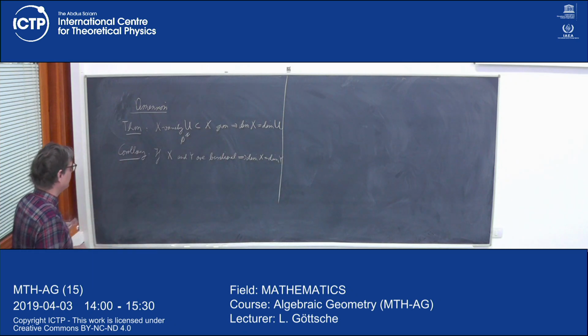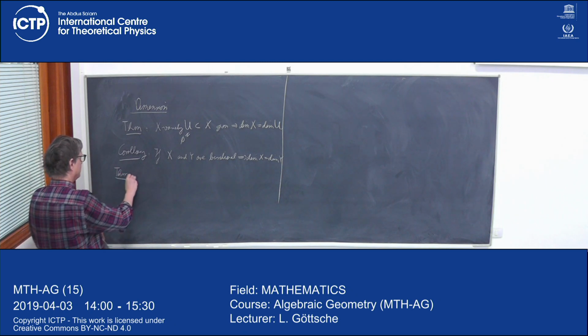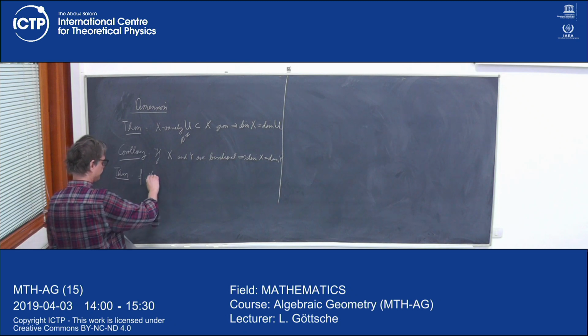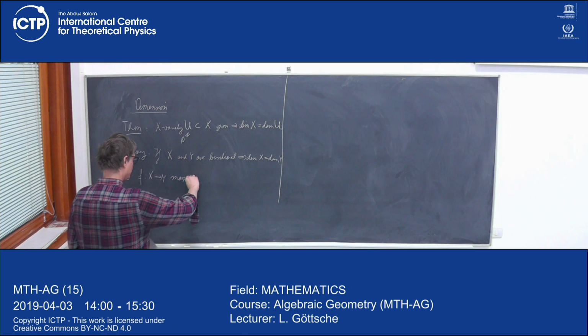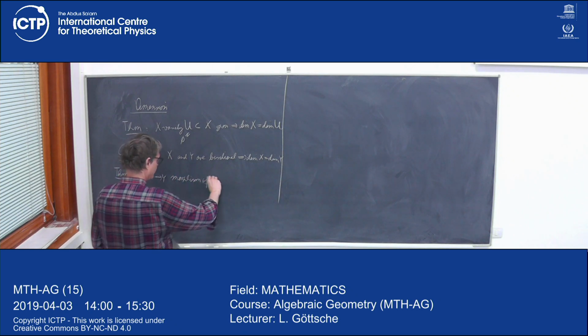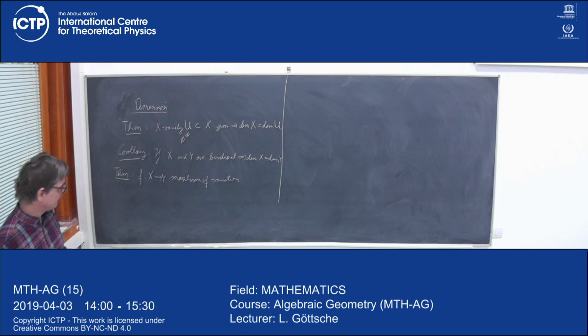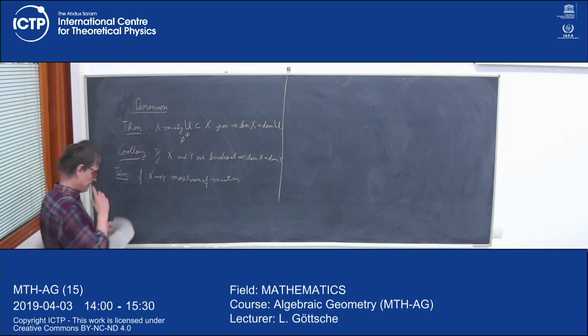And so finally the last thing we proved the last time was that if you have a morphism of varieties, and we have that there's an open subset in the target where the dimension of the fibers is equal to some number n, then the difference of the dimensions of X and Y is n.